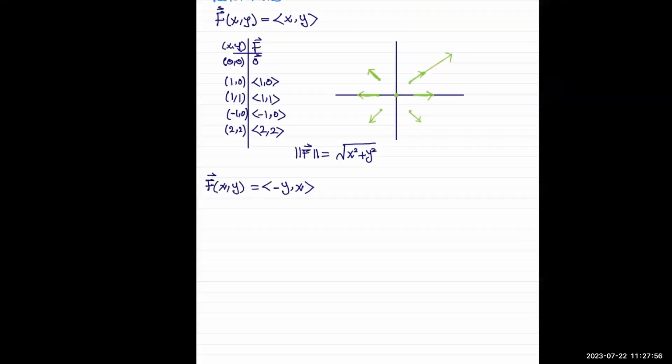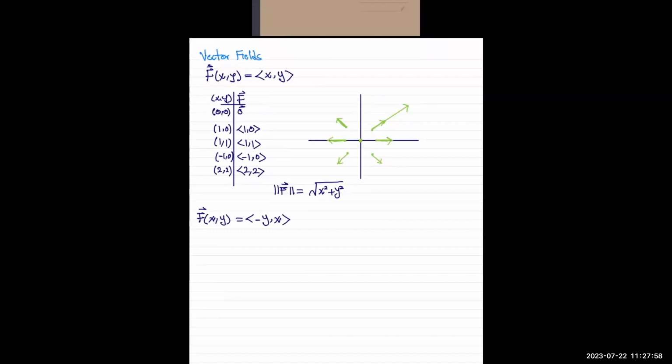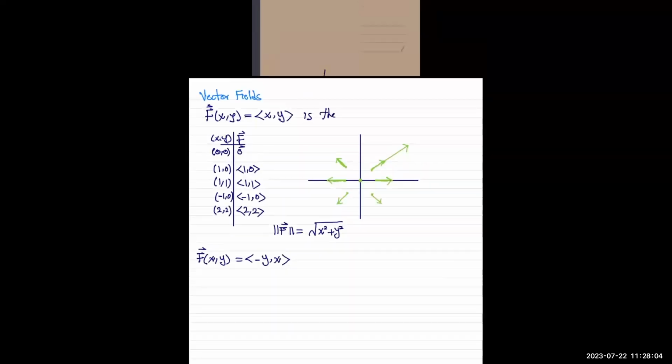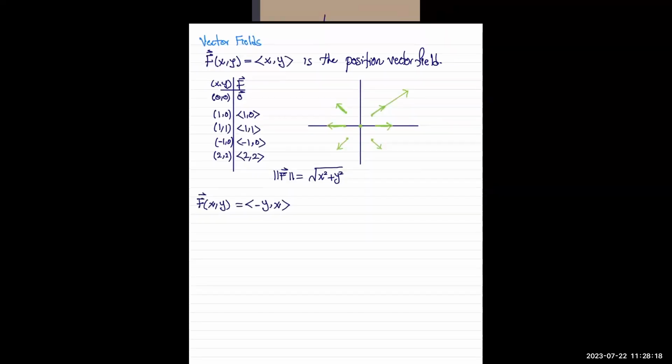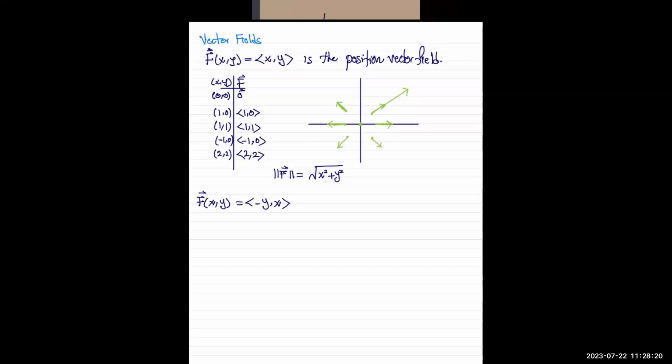This particular vector field that I just did, x, y, is called the position vector field, because x comma y is just the position of a point.